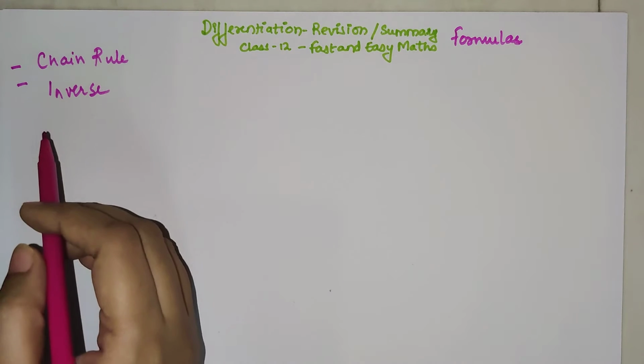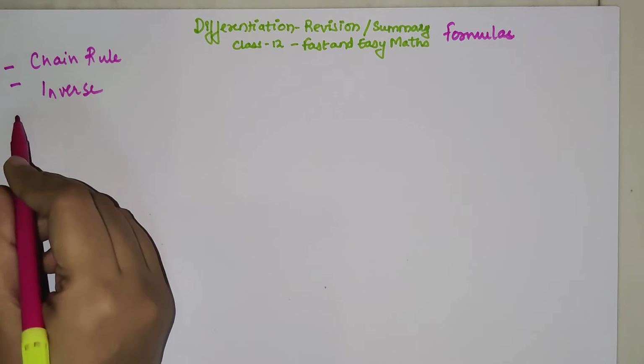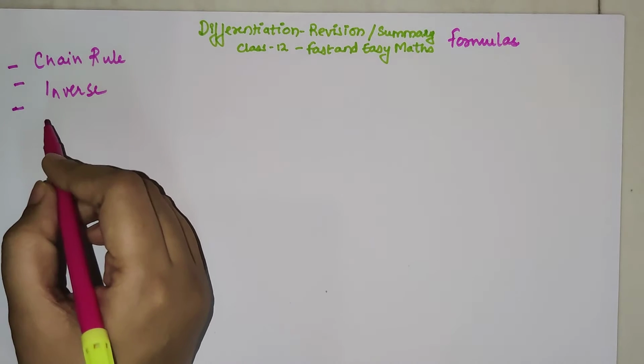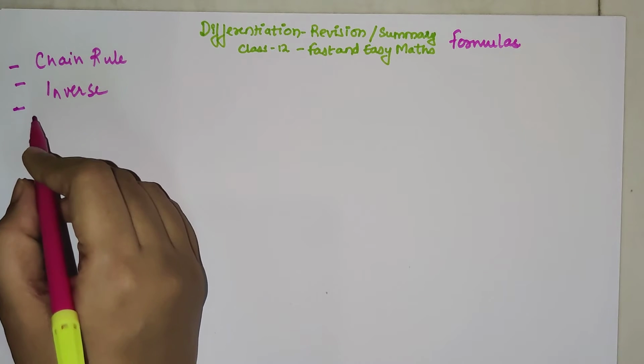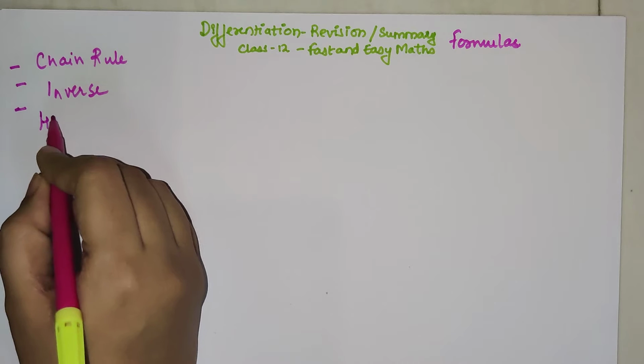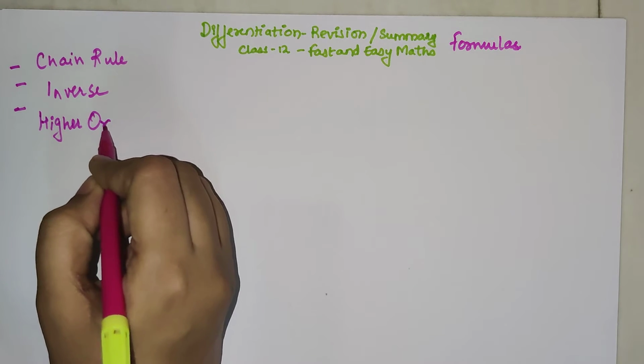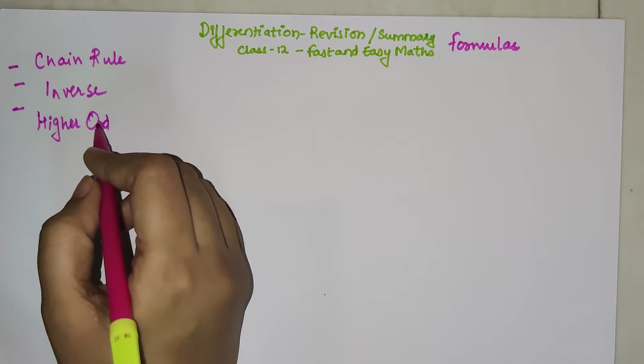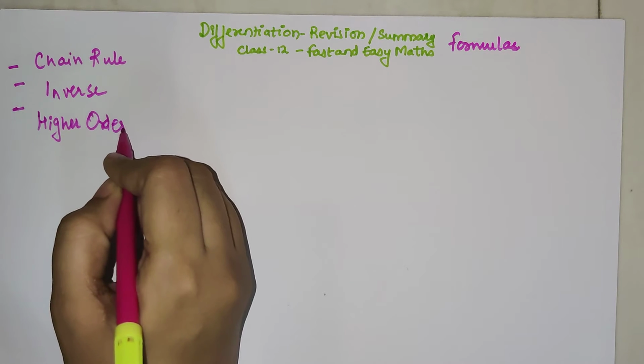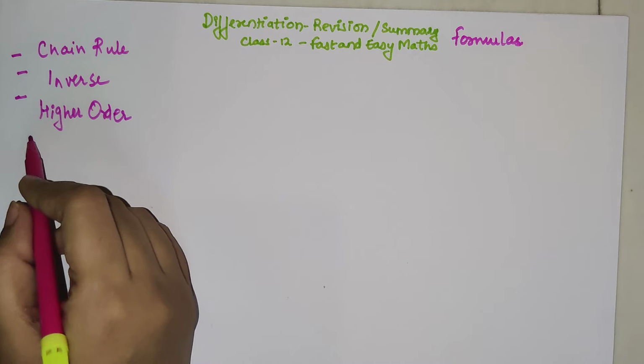Okay, so after inverse, the next type we can take is, let's say, higher order derivatives.